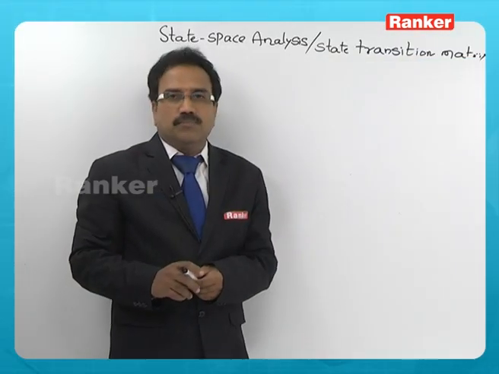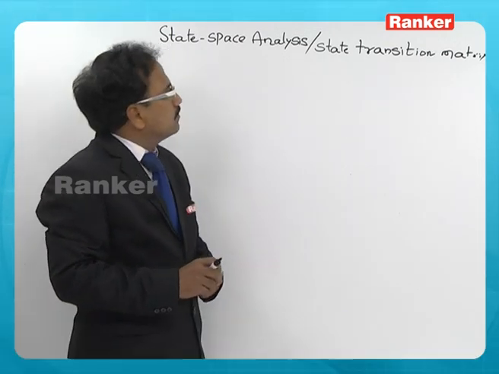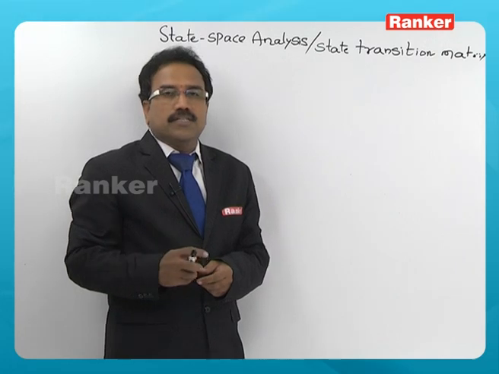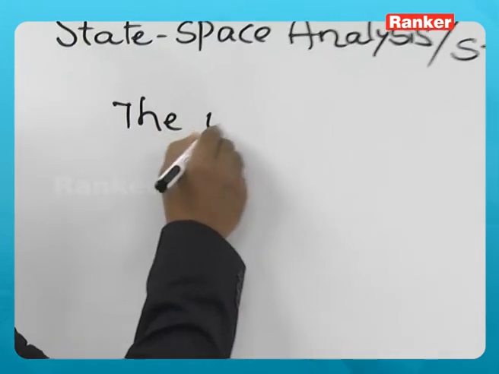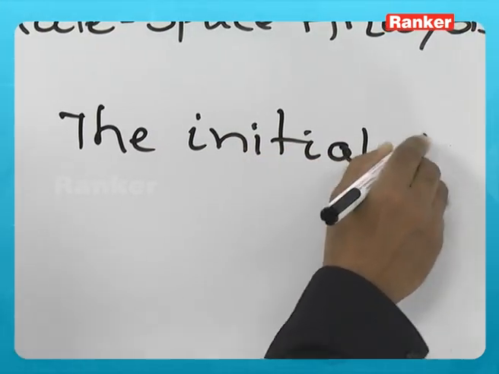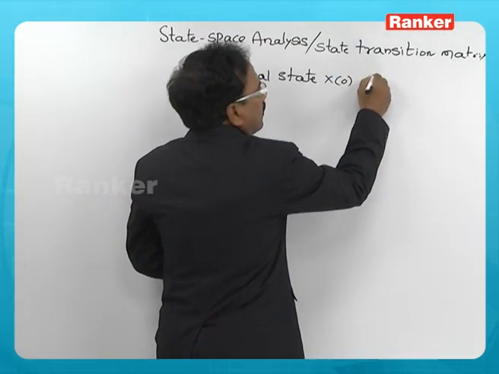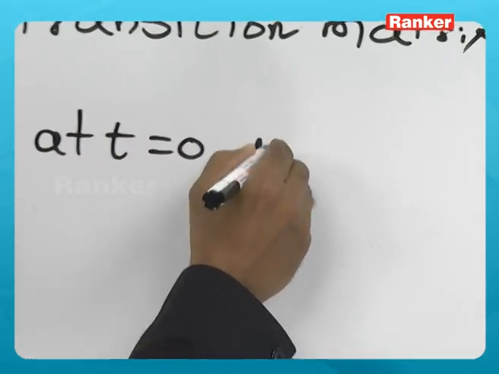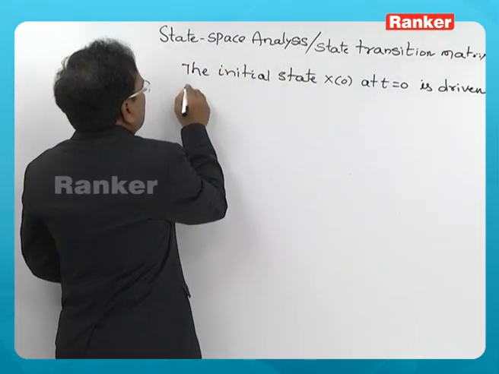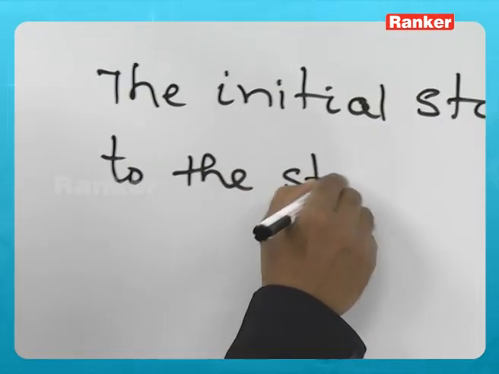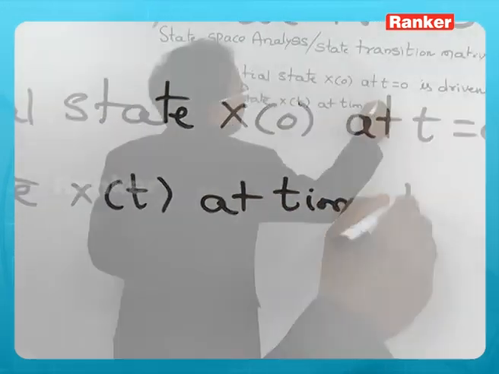State transition matrix: the definition of the matrix is that it changes the state from one state to another state. The initial state x of 0 at t equal to 0 is driven to the state x of t at time t.